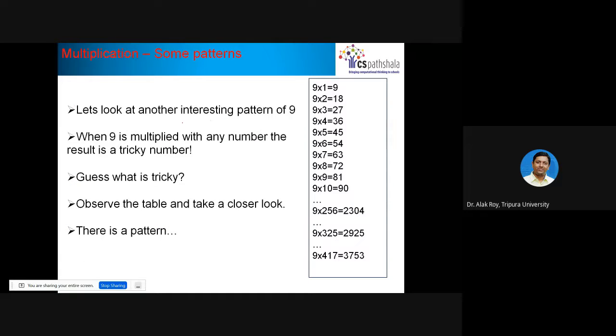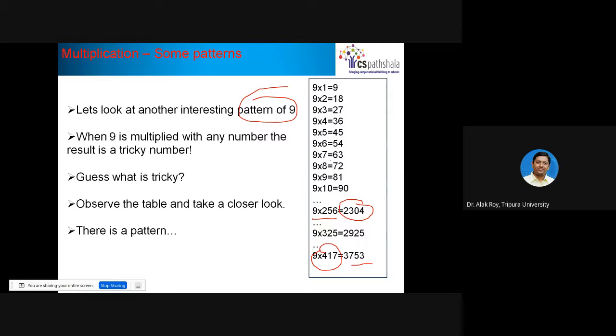Let's look at another interesting pattern of 9. Say, let's take 9 into 256, it is 2304, or 9 into 417, it is 3753.